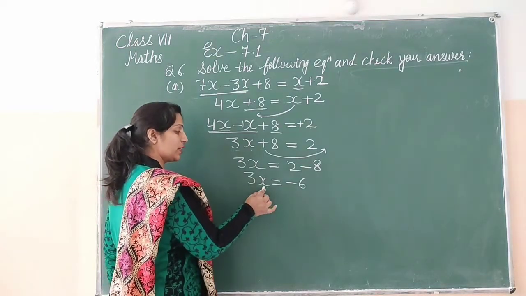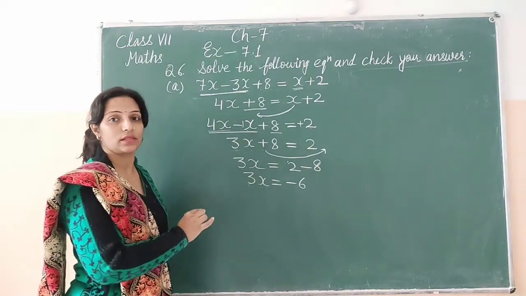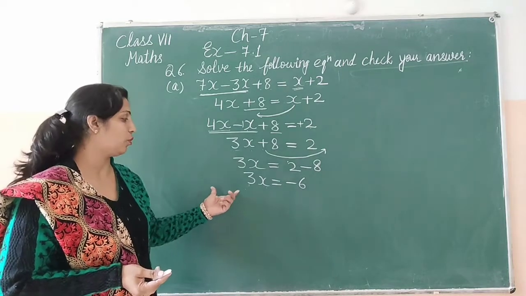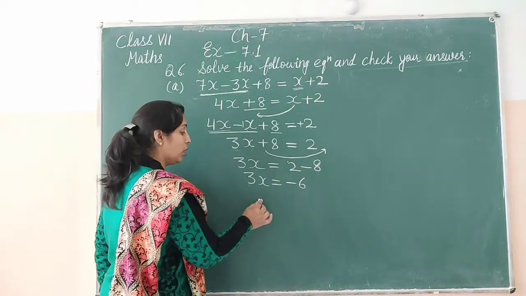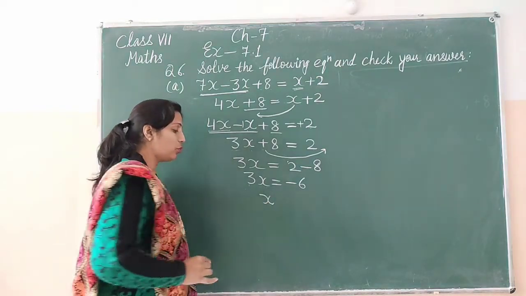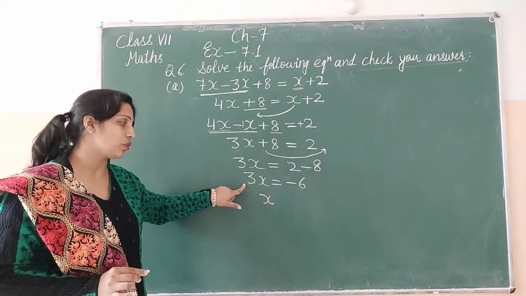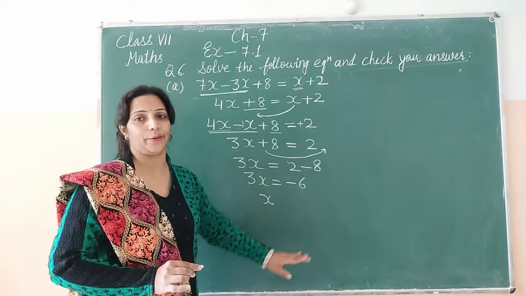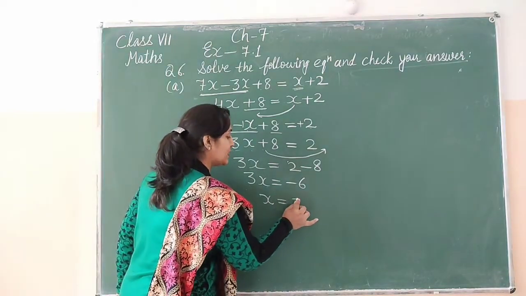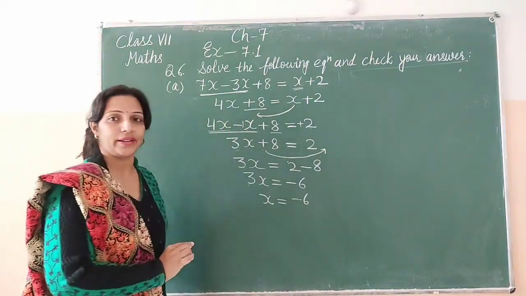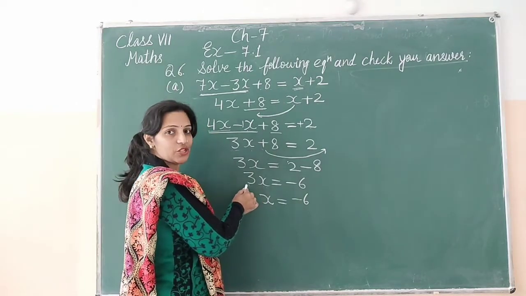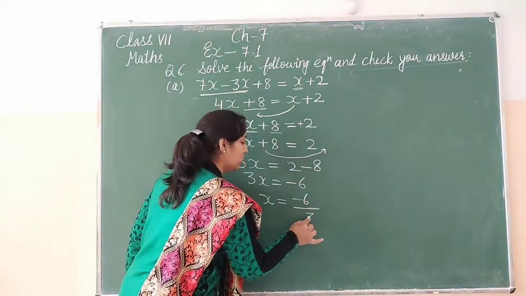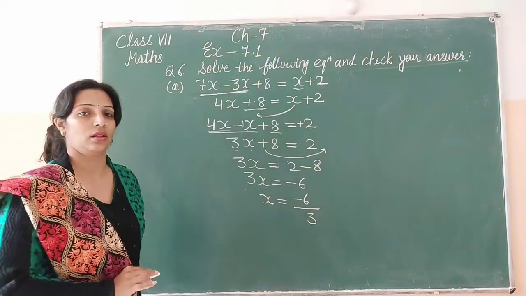Now 3x. 3x means 3 multiply x. You all know it very well that 3x means 3 multiply x. And we know we have to find the value of x only, so 3 we will take on right hand side. On right hand side, negative 6 is already written. When we will take this 3, because it is in multiplication here, after changing side in division.